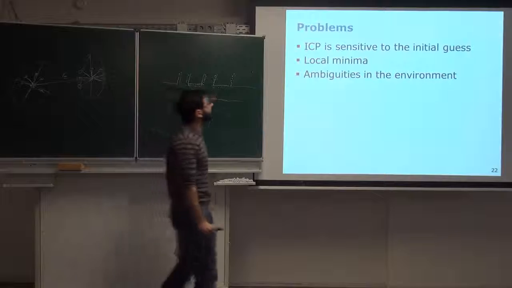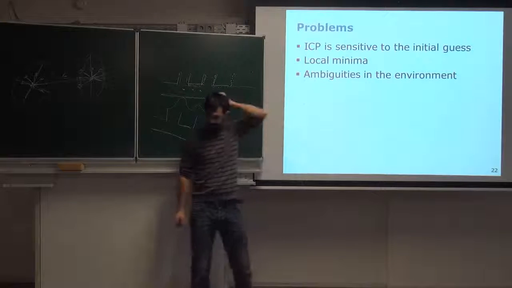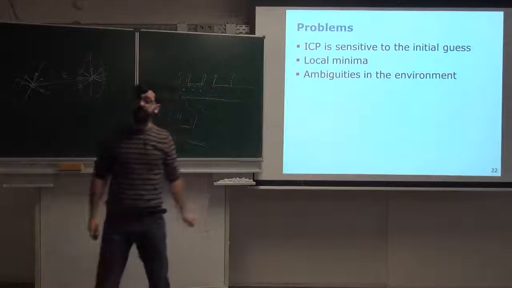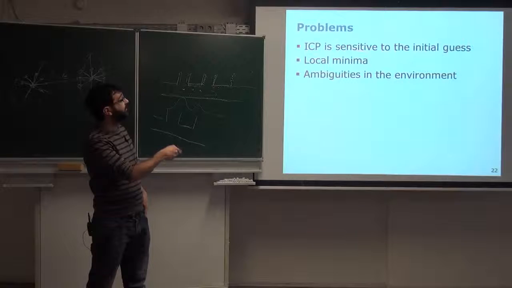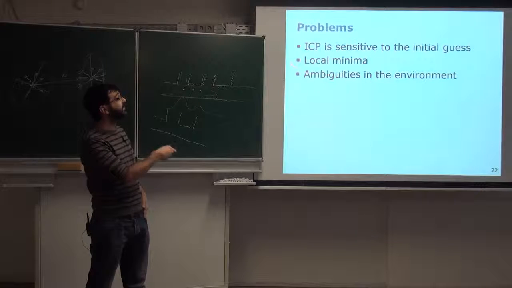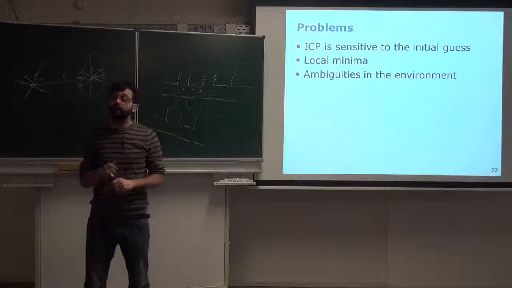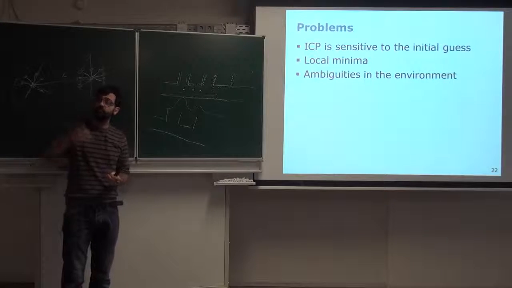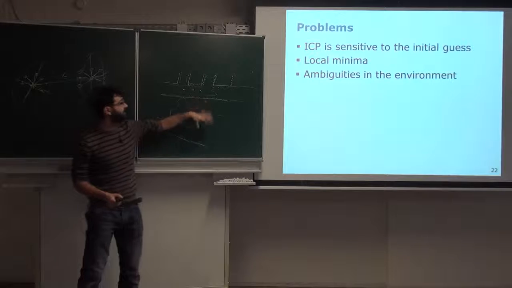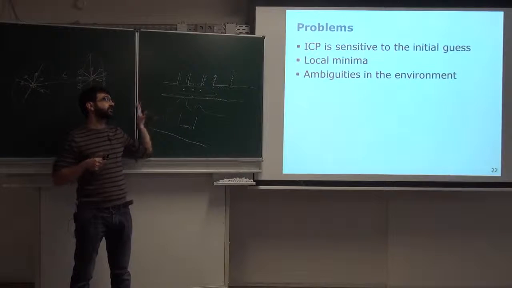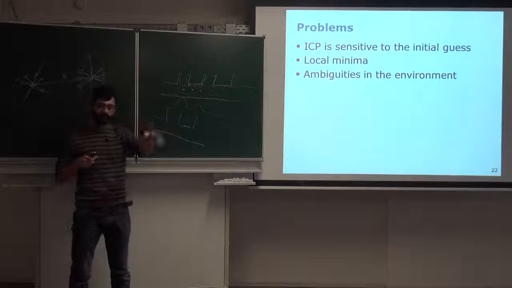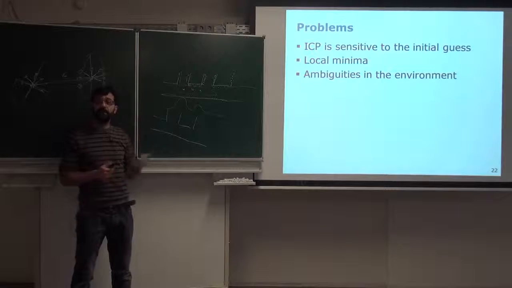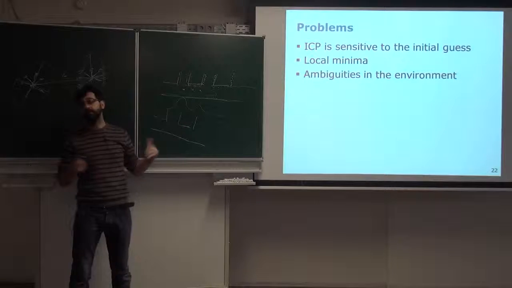There are some problems of ICP. One thing is that it's sensitive to the initial guess, and this is actually connected also with the local minima problem, because it's a local search problem, and if you have a cost function which has a lot of minima, according to where you initialize it, you will end up in one of them.